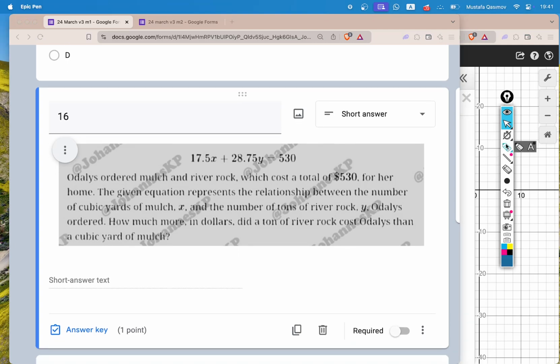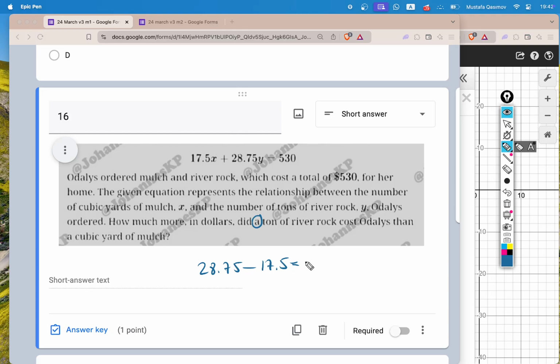Always remember, when they say each, every, or something like that, or how much more did it cost? Also, we can think this A. For this one, it will be 28.75 minus 17.5.